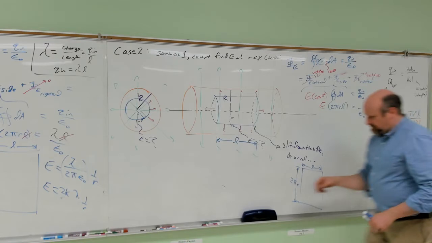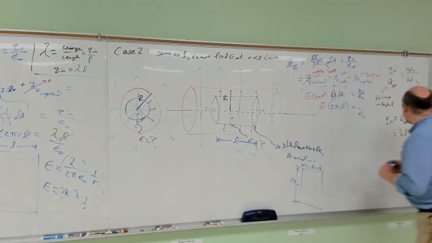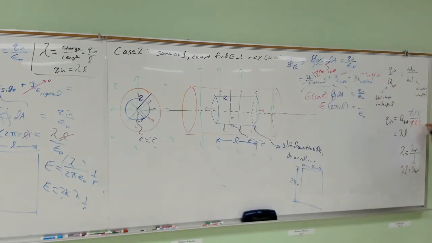What's going to happen here? You can see that the pi and L cancel out on that side. So it's just going to be lambda L times r squared over big R squared.